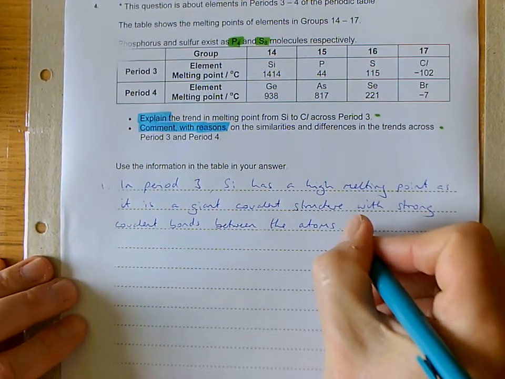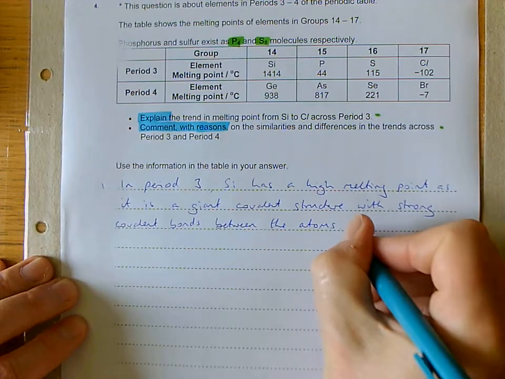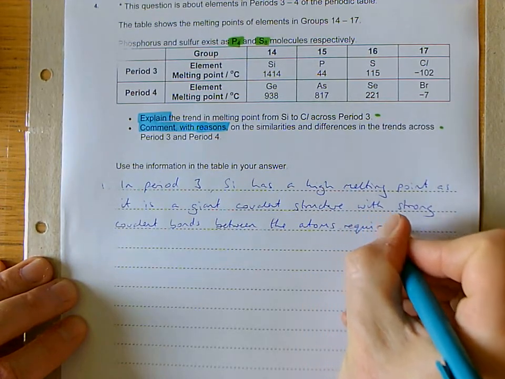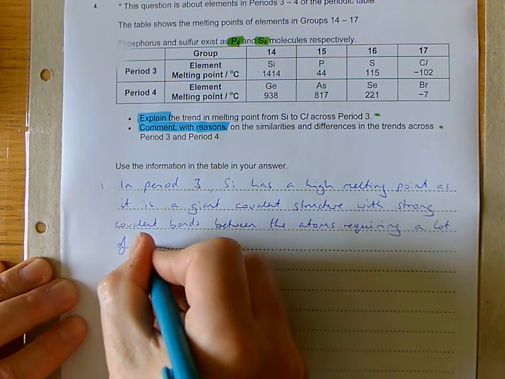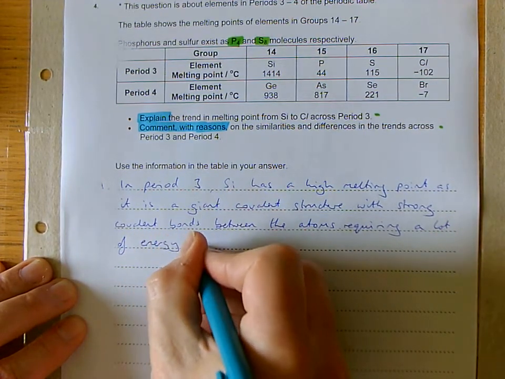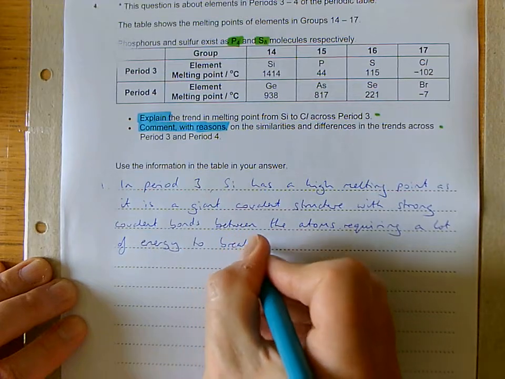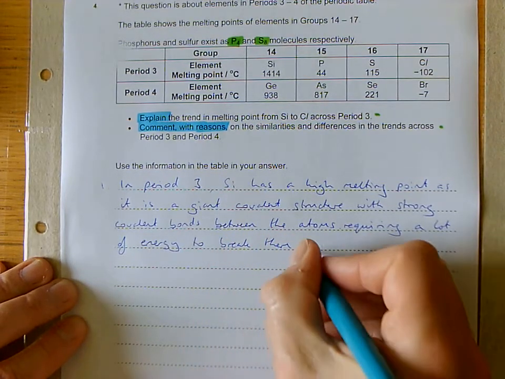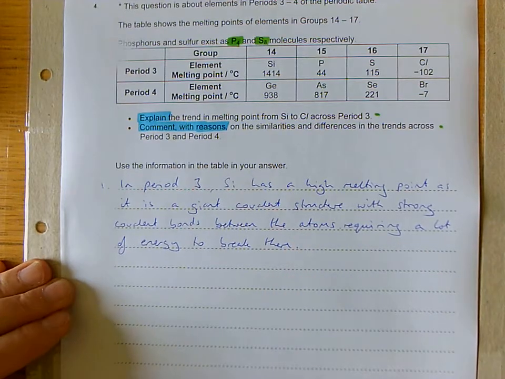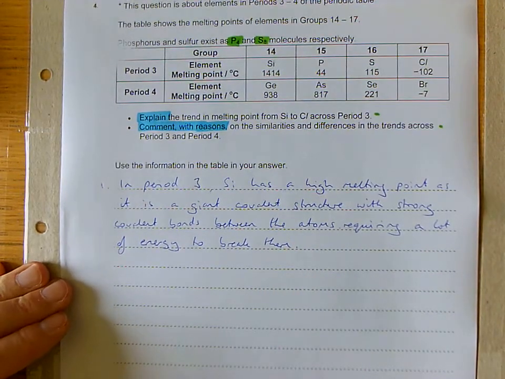Still not quite finished the explanation. So what? They require a lot of energy to break them, which explains why we need to heat it up to high temperatures to break those bonds and therefore melt the substance.